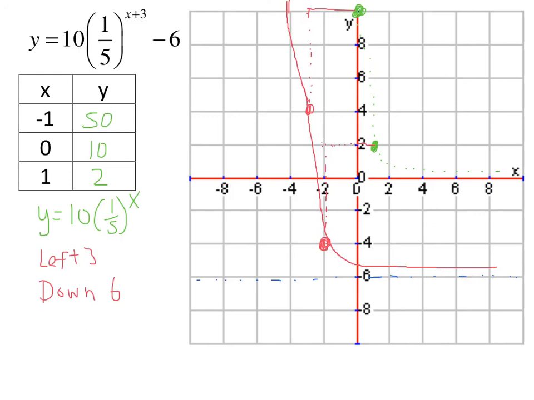It just got shifted. And that blue line right there is my new asymptote, my new kind of axis of symmetry that your line gets closer to and never crosses. So that red piece would be my new graph for this. Again, my horizontal asymptote is -6. And the red is my graph of this function.